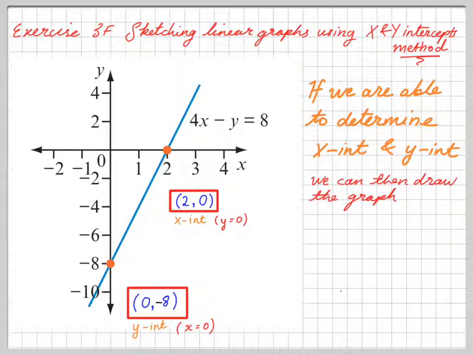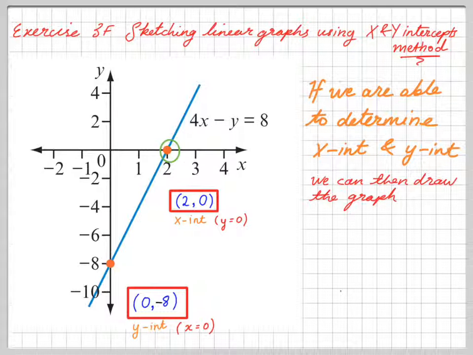So what I wanted to go through is this x-intercept. We should know that our x-intercept has a y value, or the y coordinate of the x value, of 0. So x-intercept, y is equal to 0. And to find our y-intercept, x is equal to 0.